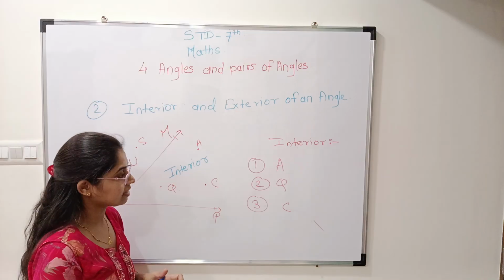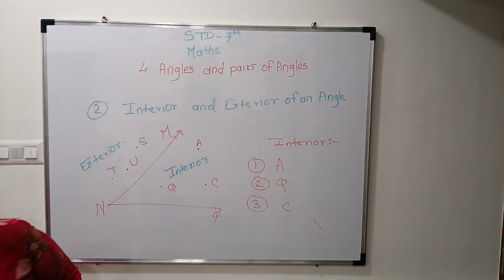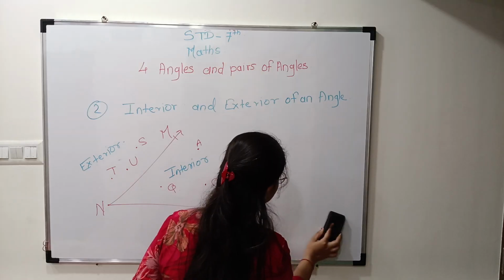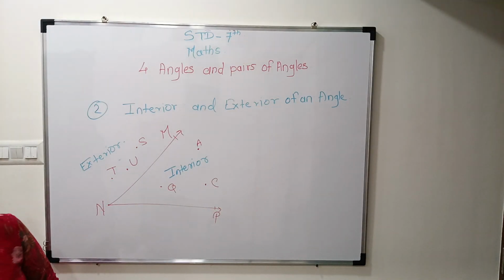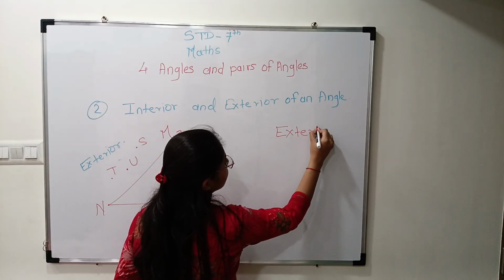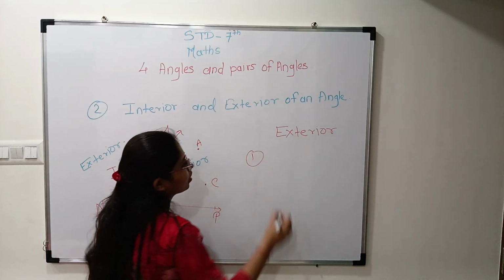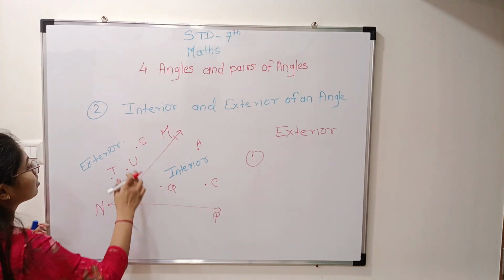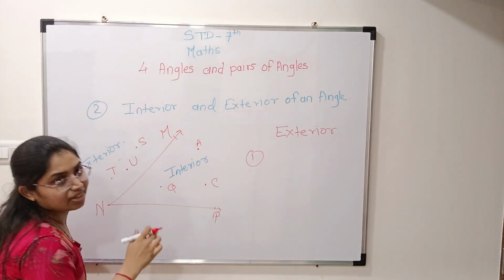Now next one, exterior. Now you can tell me exterior points. Exterior means the points which are present outside an angle.